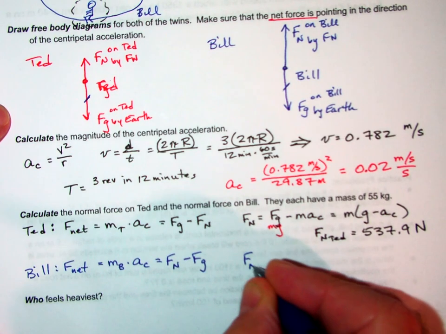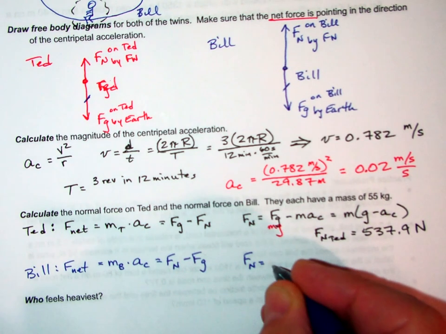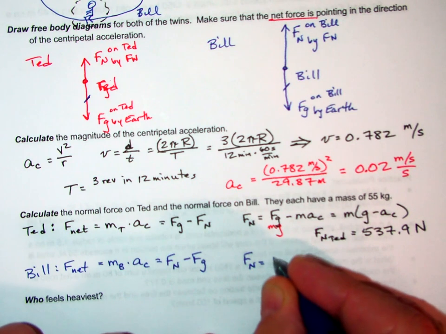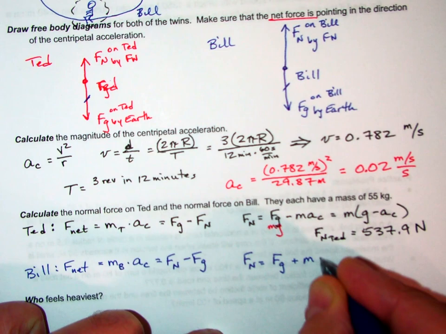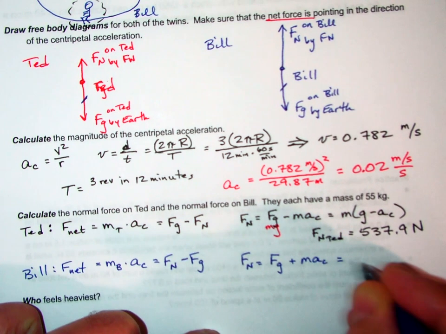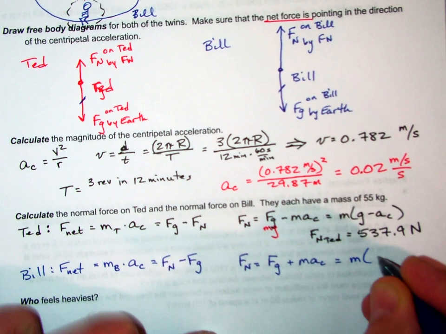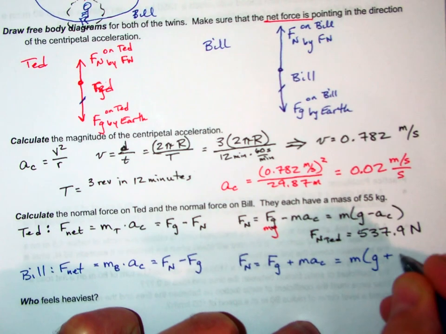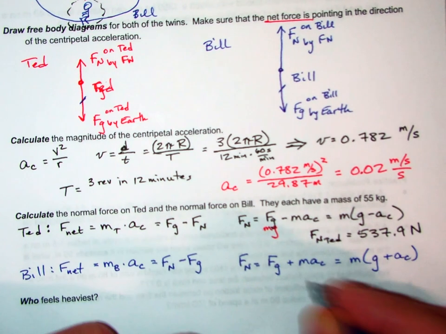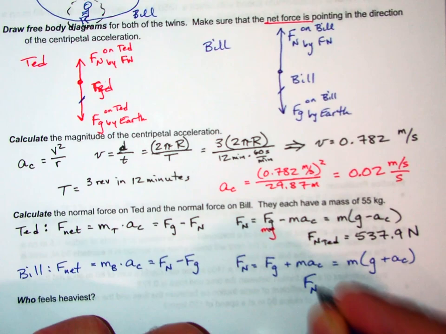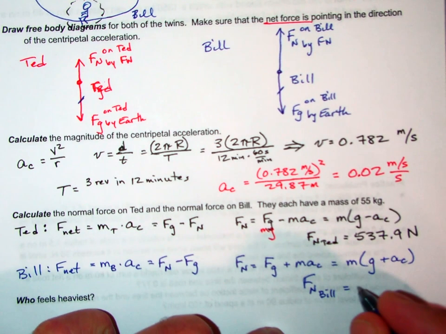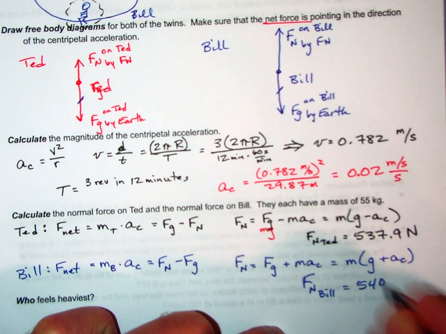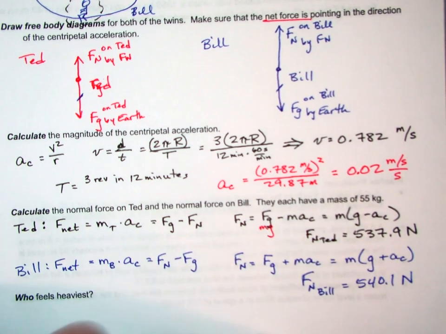So the normal force on Bill is equal to Fg plus m a sub c, which is equal to m times g plus a sub c. And so the normal force on Bill at the bottom is equal to 540.1 newtons.